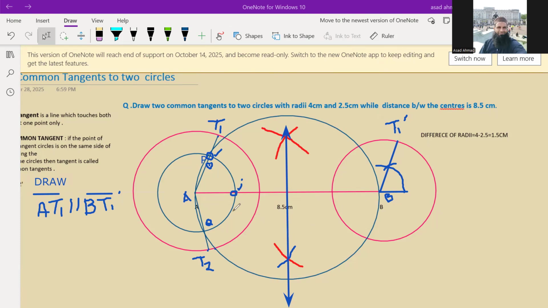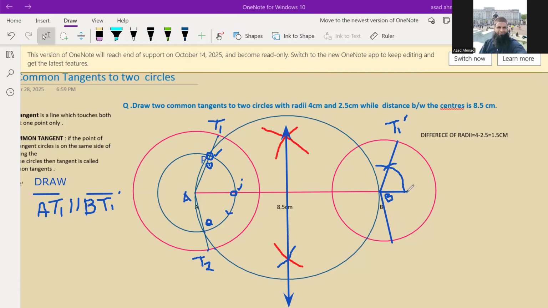Similarly, the same process will be repeated on the below side of this line segment, means that you will draw another parallel line by using the same technique in this way. I told you that you simply have to open the compass, measure till this point from this part of the arc, right?